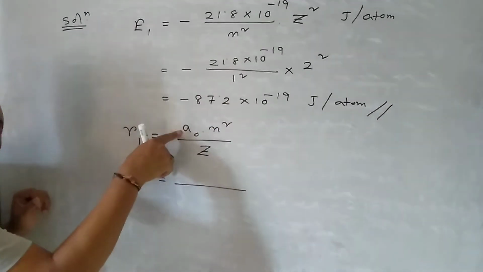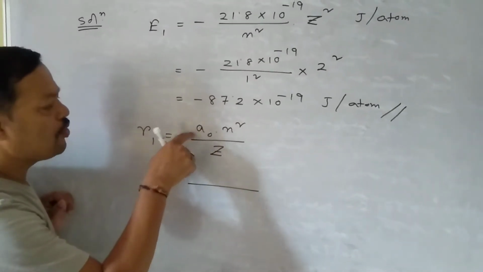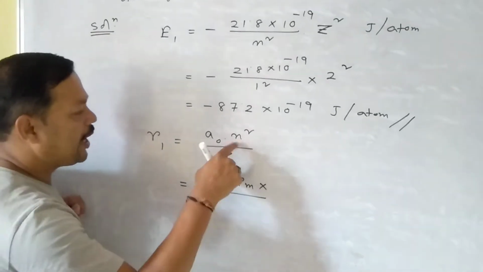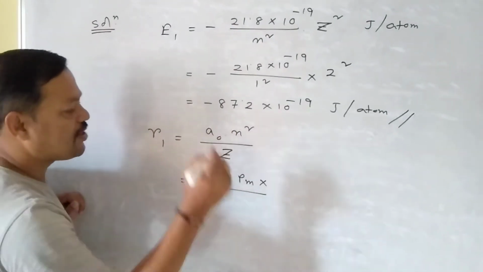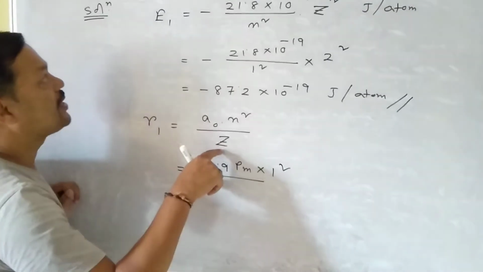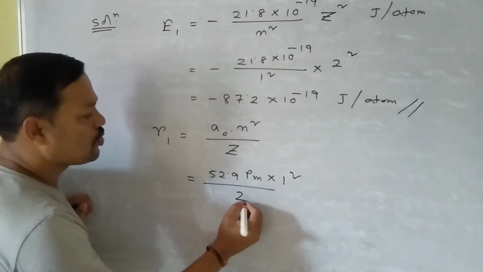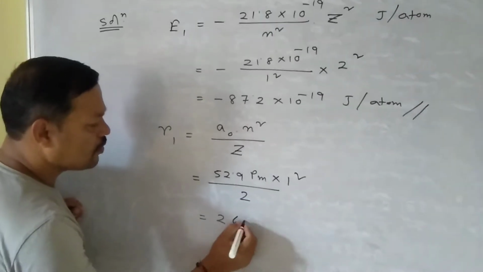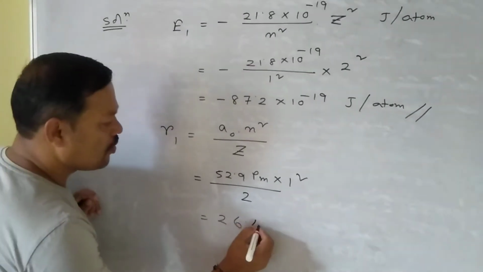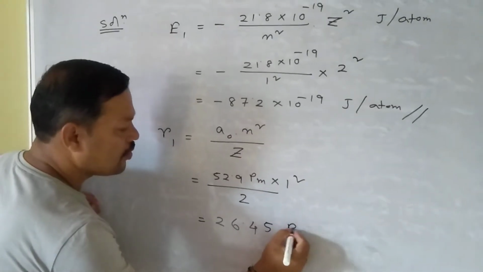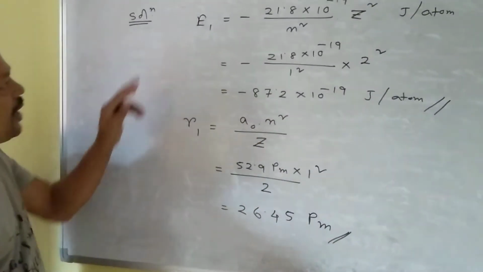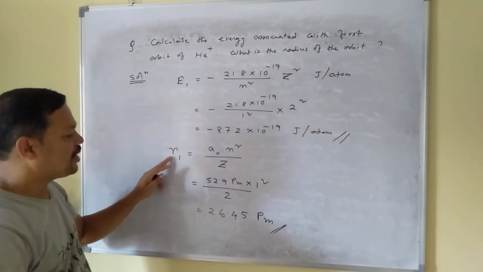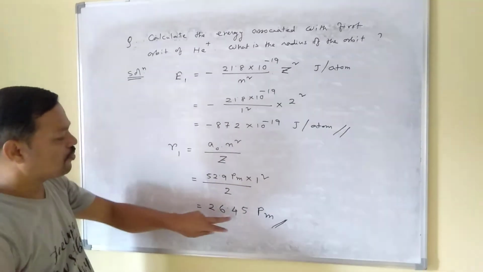A0 means the radius of the first Bohr orbit, and you know the value, its value is 52.9 picometer. n value will be 1 because you determine for the first orbit, 1 square, divided by Z, the atomic number of helium is 2, so divided by 2. That means you can write 26.45 picometer. So this is the energy associated with the first orbit of helium ion, and this is the radius of the first orbit for helium ion.